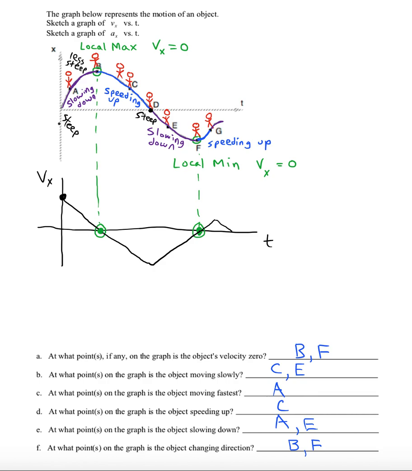So wherever the slope is steepest, we want our velocity to have a high value. That's the connection between the graph above and the graph below. If we're at a point where the slope is less steep, then we want a low value.